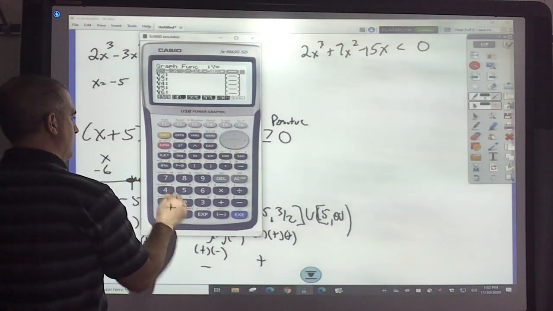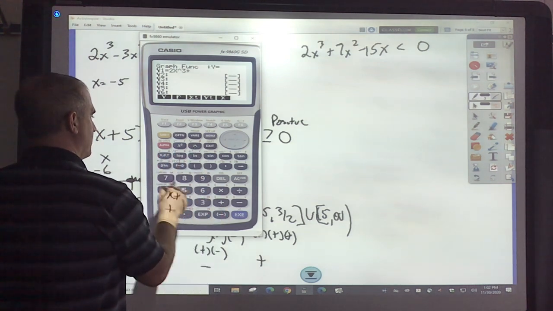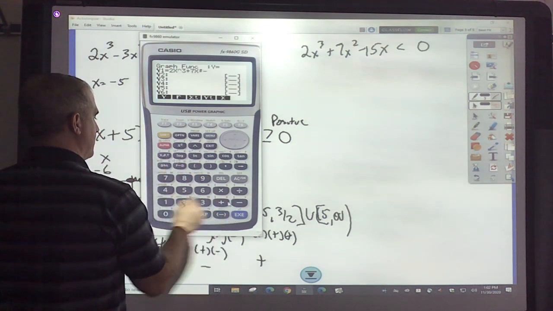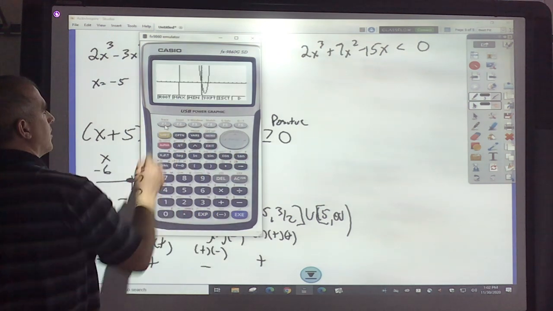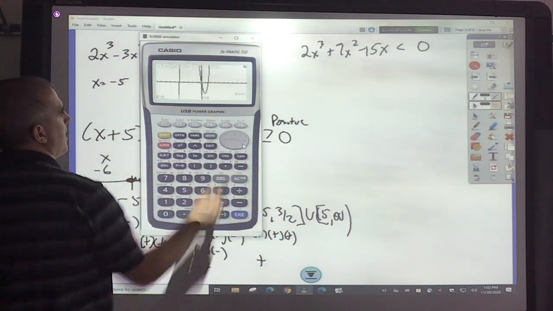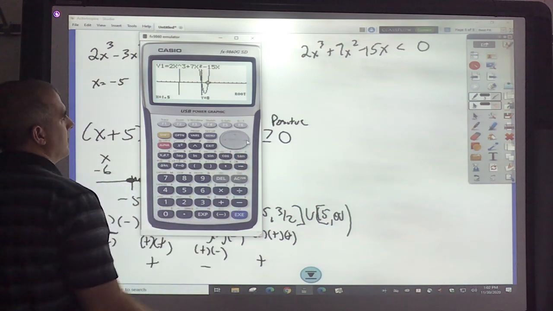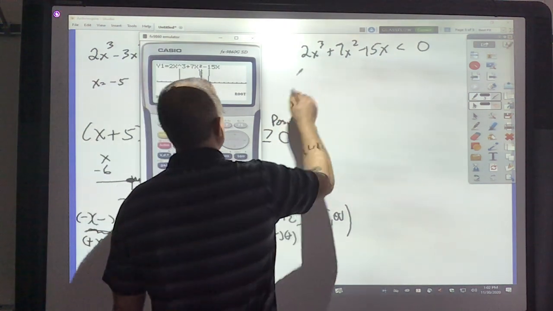So I got 2x cubed plus 7x squared minus 15x. One solution is -5, one solution is 0, and one solution is 1.5.